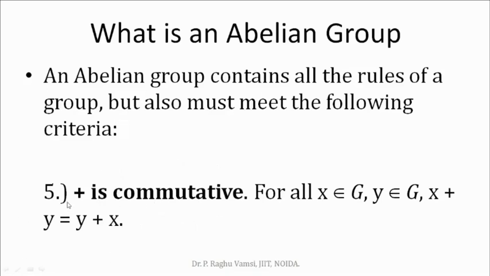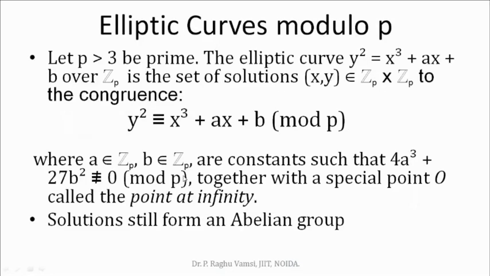In order to achieve the congruence, one must perform the modulo operation with the equation. Modulo operation means the remainder of the calculation we get. So we need to perform the modulo operation to get the congruence relation. Hence we go for the elliptic curve equation y square is equal to x cube plus ax plus b.